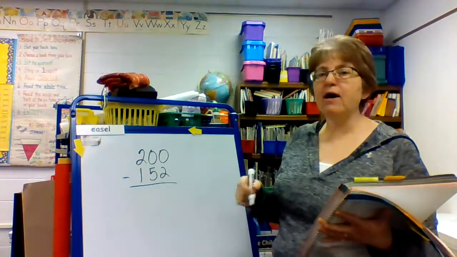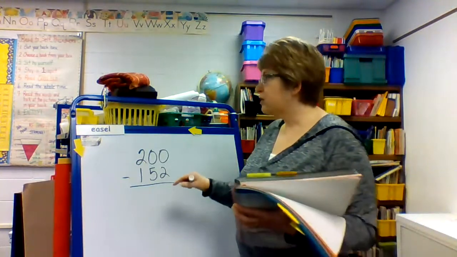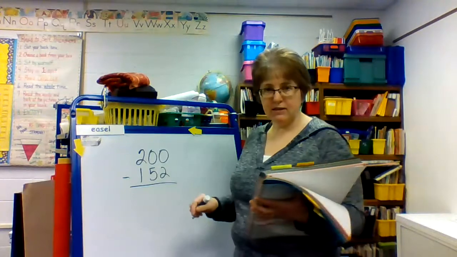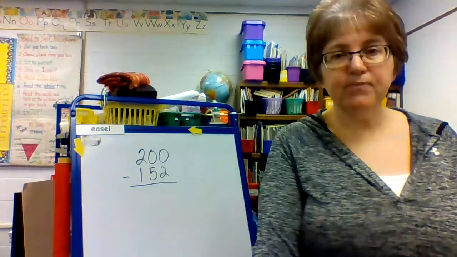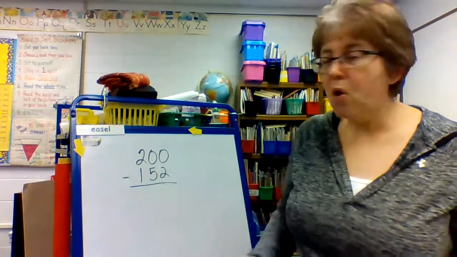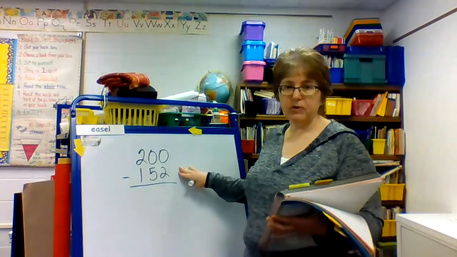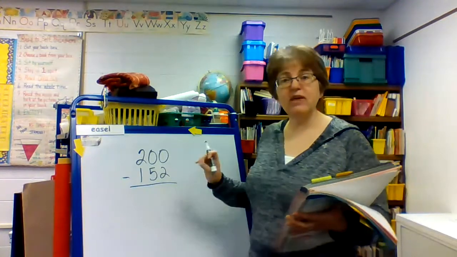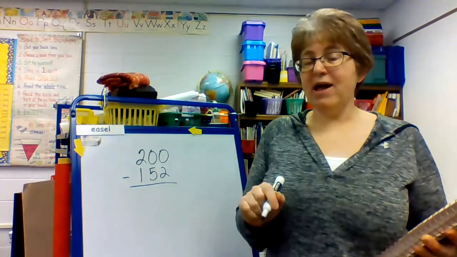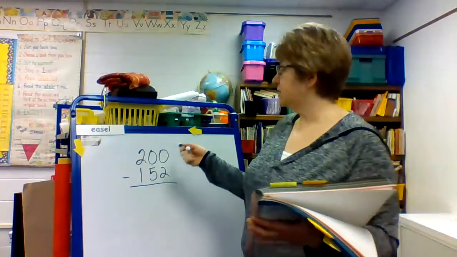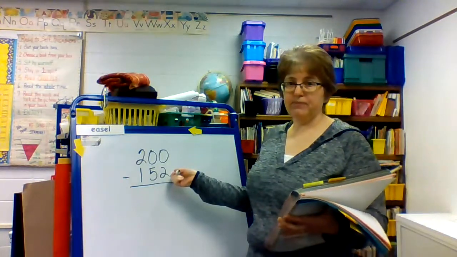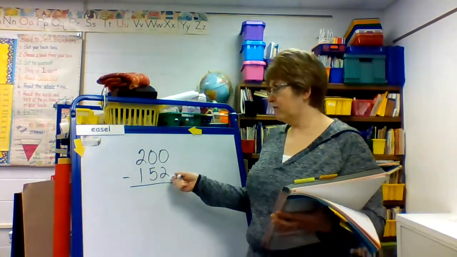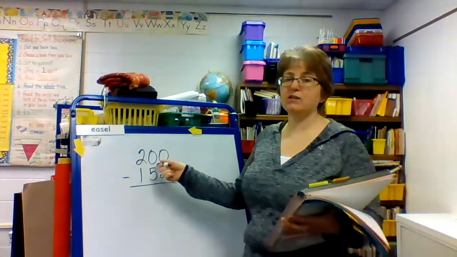We want to know how many he has left. So we're going to subtract in this problem. All right? So let's take a look at our ones. Okay? Can I subtract? So I think about that question. Do I have enough? Do I have more on top or more on the floor? More on the floor. So I have to go next door to get more.